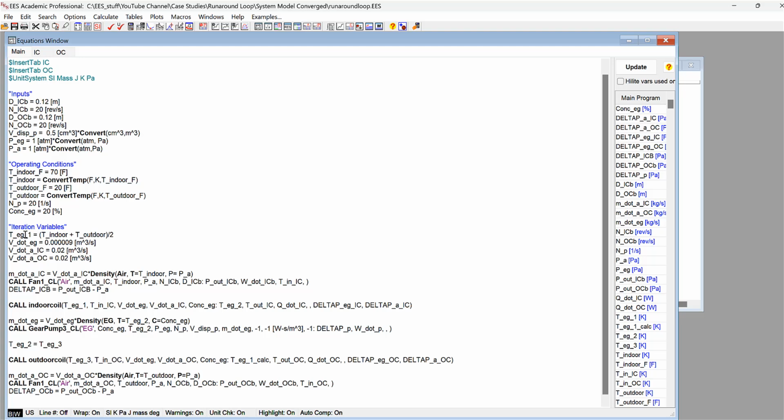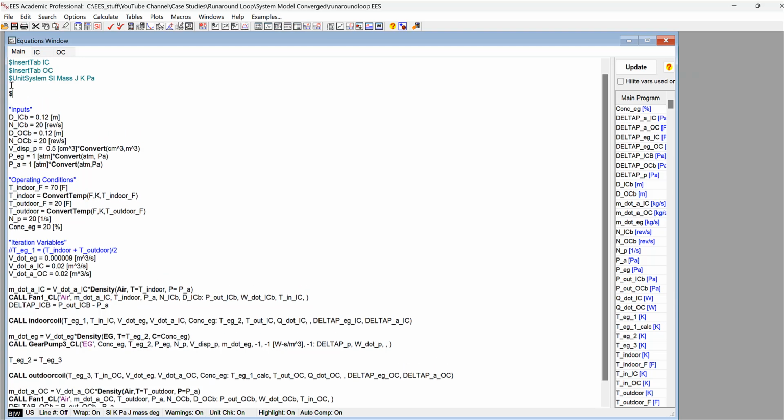The best thing to do here is get rid of this. Up here at the top, I'm going to have a $var info for all of my ethylene glycol temperatures, so I can give them bounds and give them guess values. So this is T ethylene glycol 1.